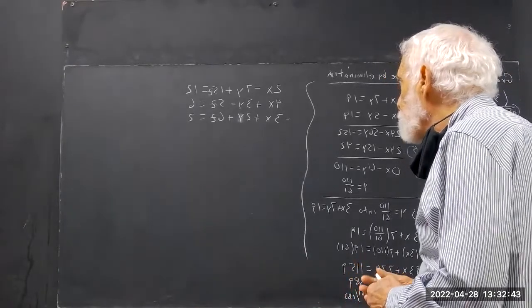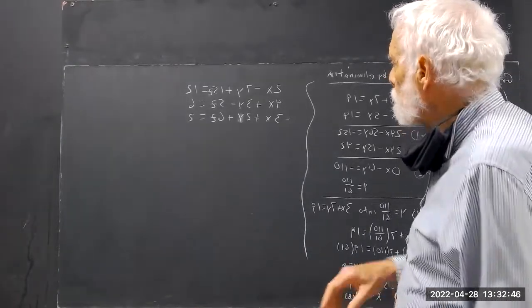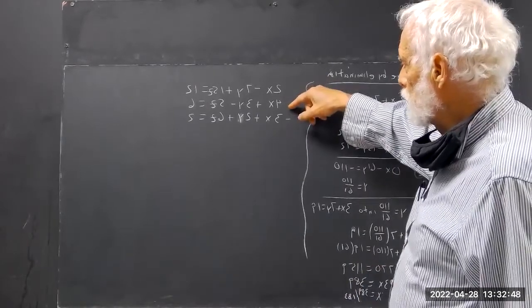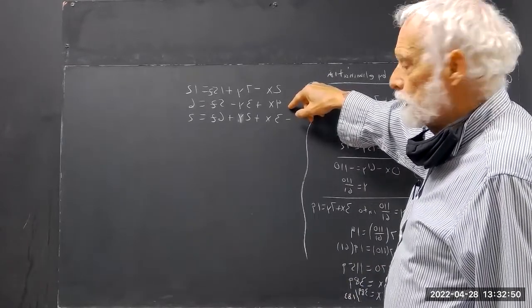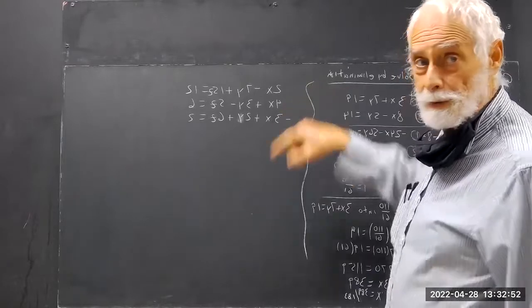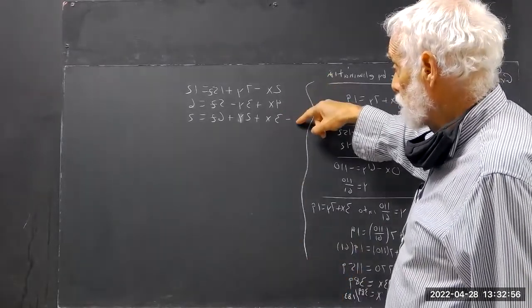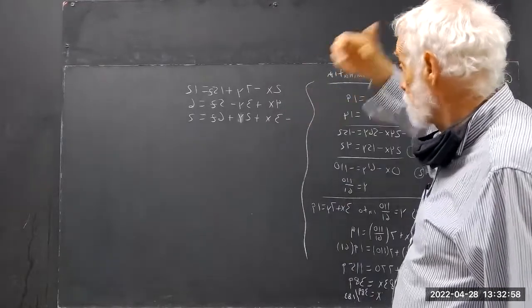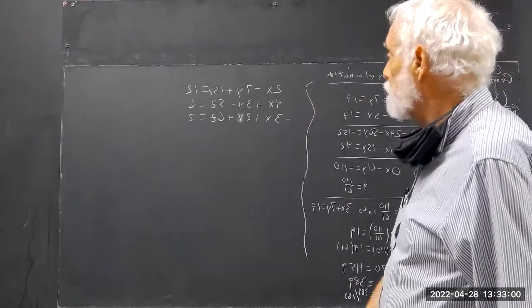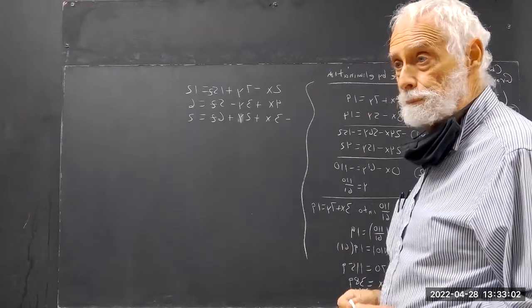So what multiple of equation 1 would I want to add to equation 2 in order to eliminate x? And what multiple of this one would I add to this one to eliminate x? Okay.